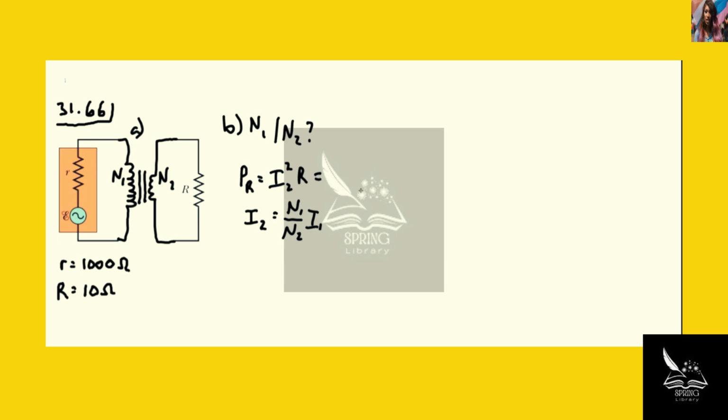So this means that the power in our speaker is N1 over N2 times the primary current squared times R. And then the power dissipated by the internal resistance of the output of our amplifier will be I1 squared r.